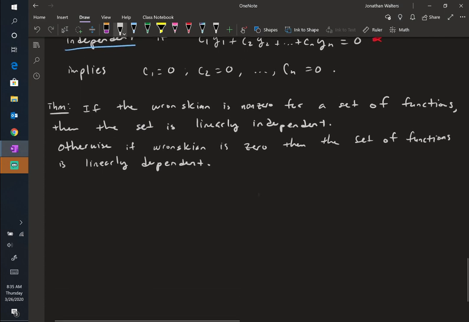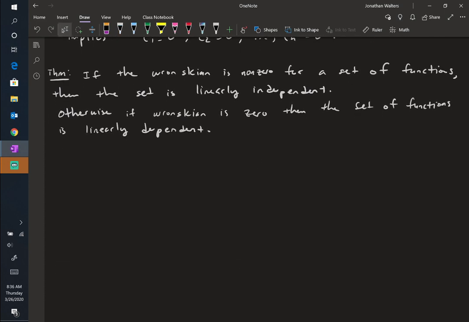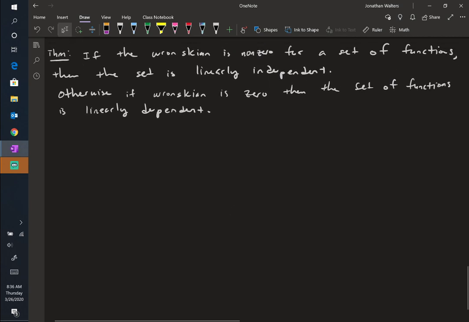So, example: are the functions linearly independent?